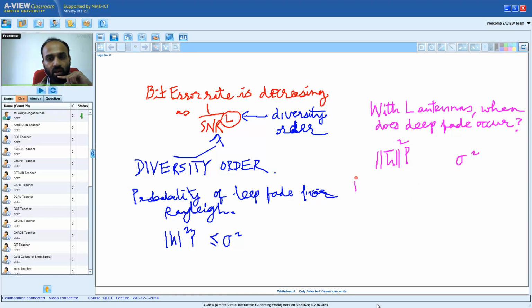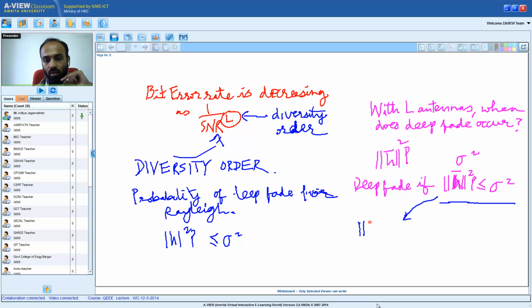So we can say deep fade if the signal power, norm h bar square P, is less than or equal to sigma square. That means norm h bar square is less than or equal to sigma square divided by P, which equals 1 over SNR.